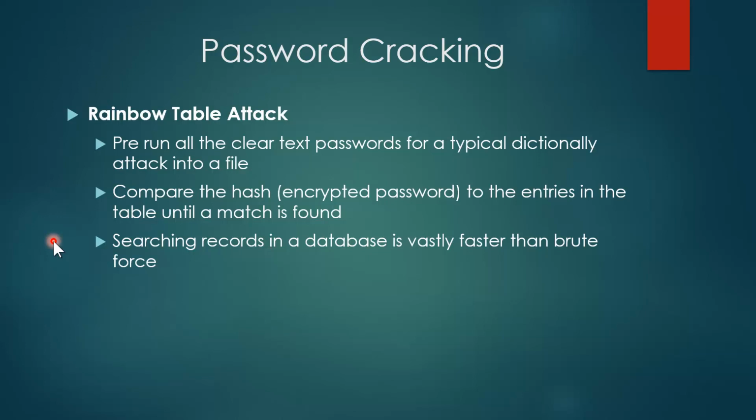If you're trying to go to truly random passwords of 8 characters or less, up to 8 characters in length, you might be talking about a 30 or 40 gigabyte data file. So, but rainbow attacks are dramatically faster than brute force.